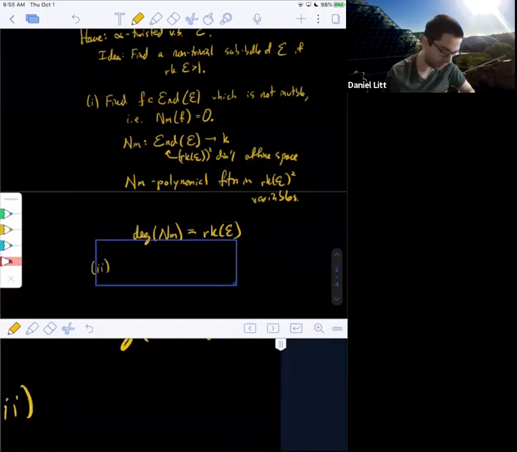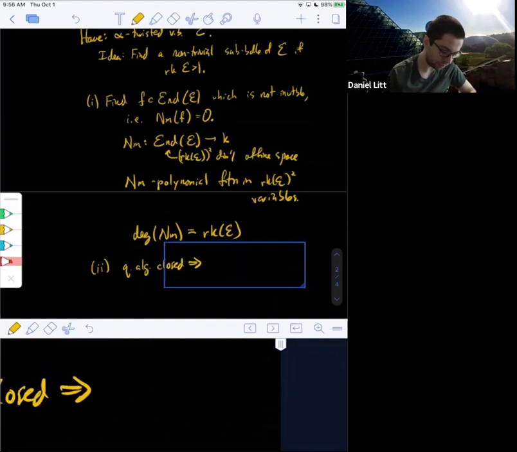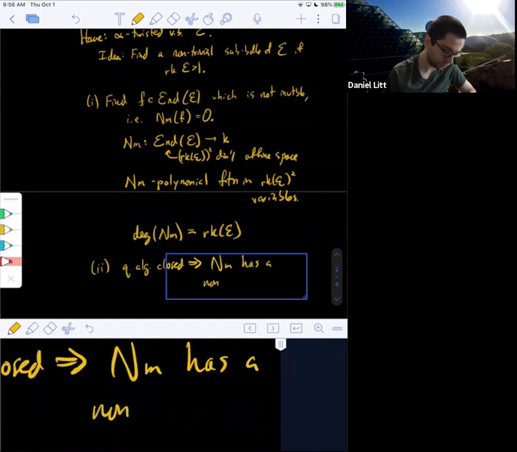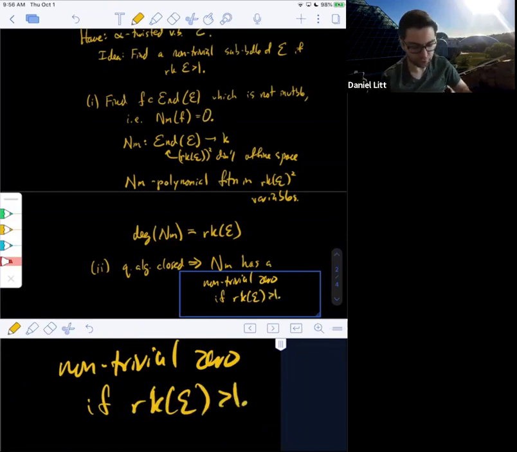So this means that quasi-algebraically closed implies that norm has a non-trivial 0, if the rank is bigger than 1. And we need rank bigger than 1 because we need the degree to be less than the number of variables.